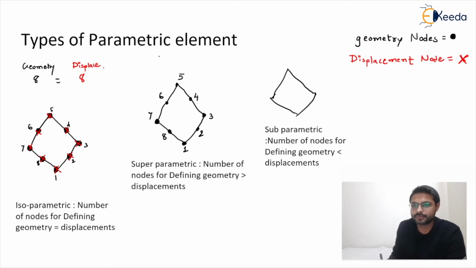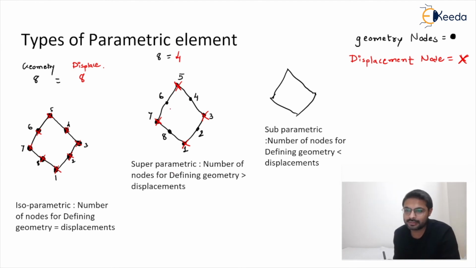Now we have the geometry, with 8 geometry nodes, and we represent the displacement nodes by a cross. If the number of displacement nodes is smaller than the number of geometric nodes, then it is known as a superparametric element.